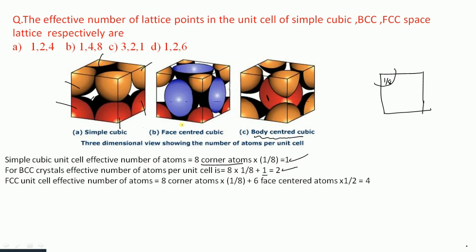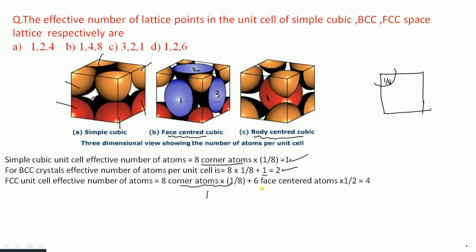In FCC of figure B here you can see there are 8 corner atoms, those are covering 1/8 of its volume. So that is 1, and 6 face centered atoms, 1 2 3, and on the backside there are 3 more atoms that we cannot see in this diagram, but there are another 3 atoms, those are covering half of their volume.